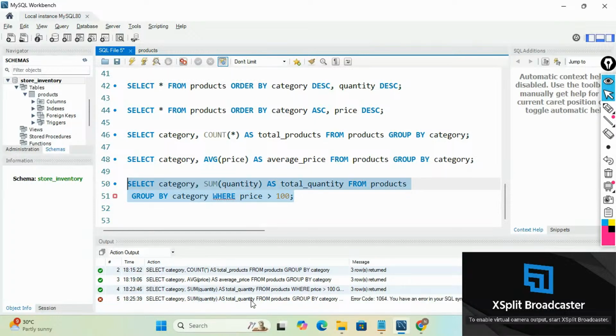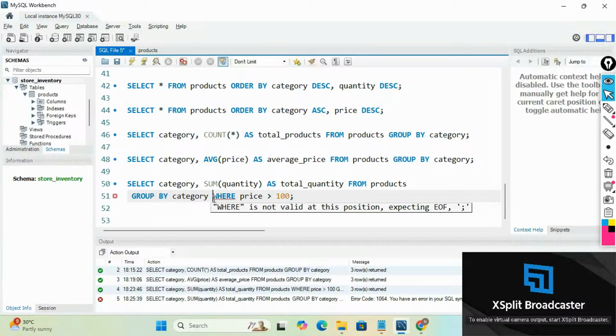I'll get an error. The error says you have an error in your SQL syntax. So what does that mean? Does it mean I cannot use the where clause in this particular place? Yes.